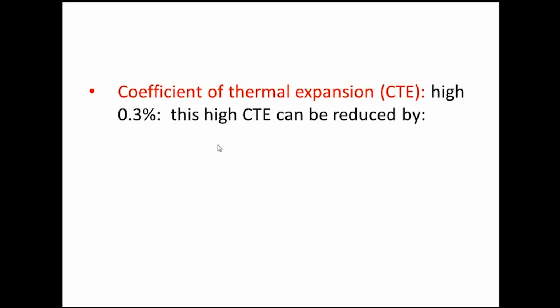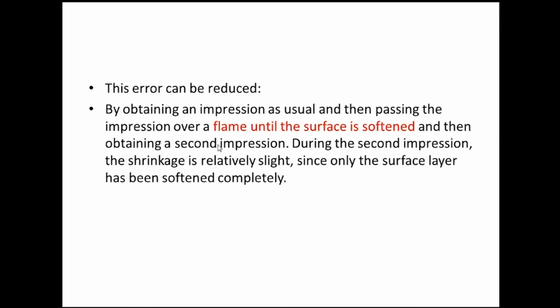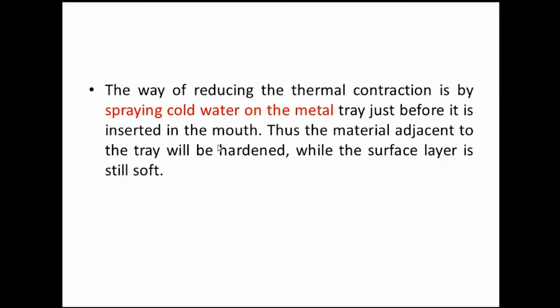How can we reduce this thermal expansion? Either before taking the impression, pass the impression onto the flame in order to soften the external surface and harden the internal surface. This is the first one. The second way is by spraying the external surface with cold water before insertion into the mouth.